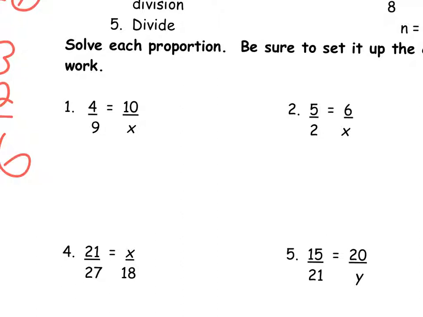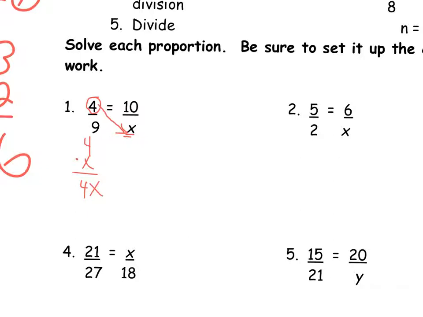So when I am trying to find X, my missing value, I'm going to do the same steps that I just showed before. I'm going to take the number on the top of the first fraction, cross through the equal sign, and multiply times the x. When I multiply 4 times x, I get 4x.